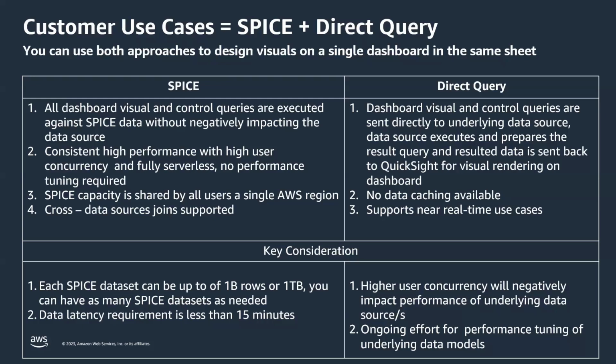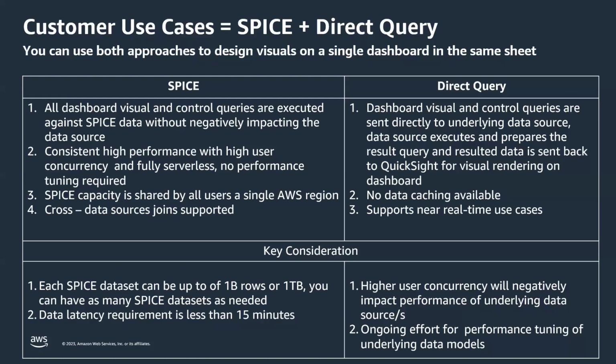And also, since all these queries are sent back to your database, you need to look at ongoing performance tuning effort on your database, right? What are the performance tuning parameters? What are the different queries being hit? Creating indexes, enabling these efforts such that queries render the results in a faster, performant manner to be visualized on a QuickSight dashboard.